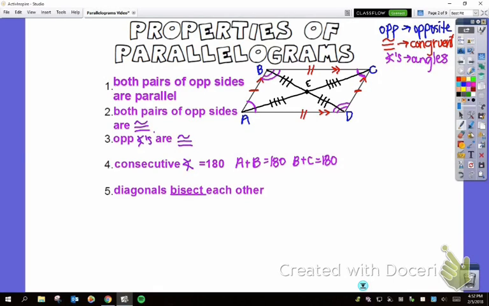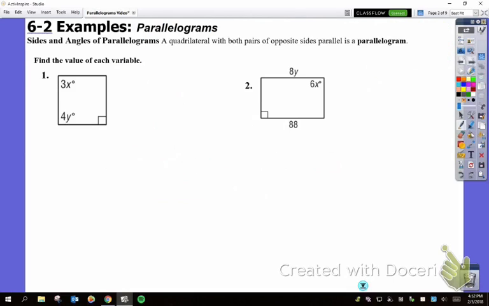Getting to our examples, we have quite a few examples here, and I'm going to relate them back to one of our 5 properties. If we look here and it says find the value of each variable, on number 1 we see 3x is opposite of that box right here. Now we know that that box means 90 degrees, and we know that opposite angles have to equal each other.